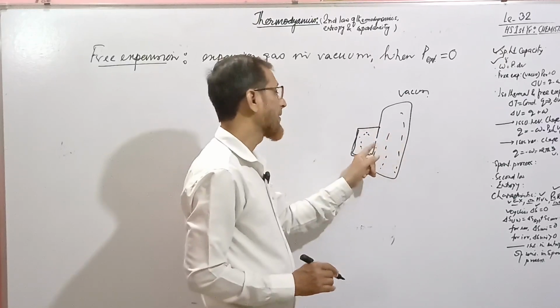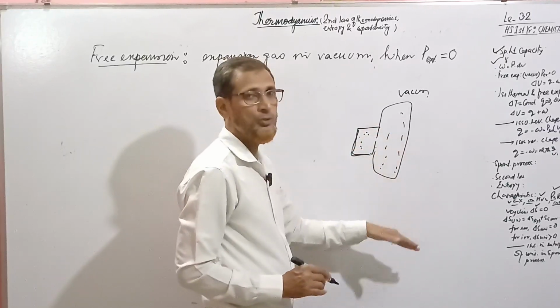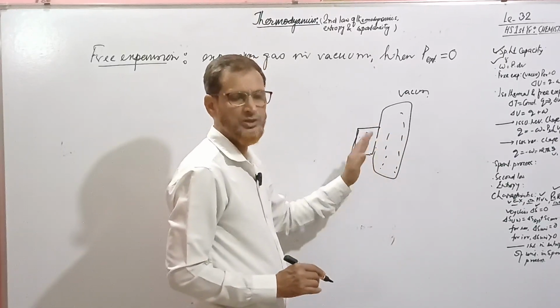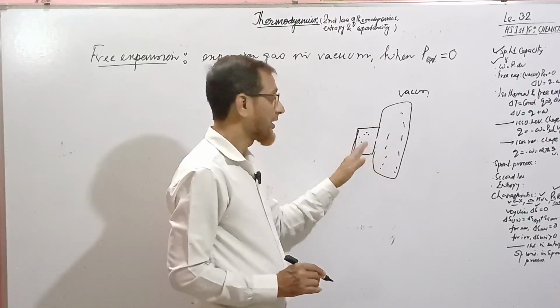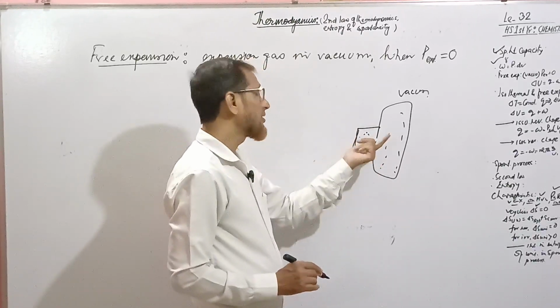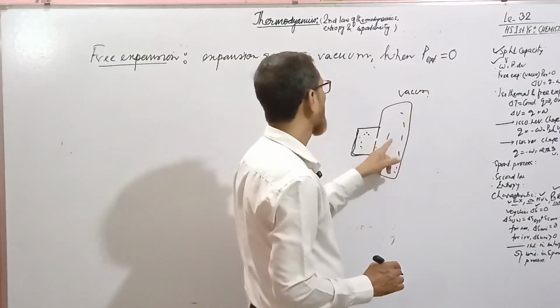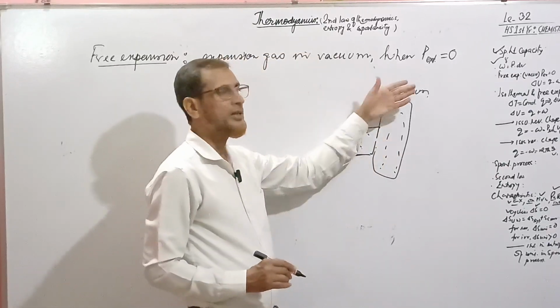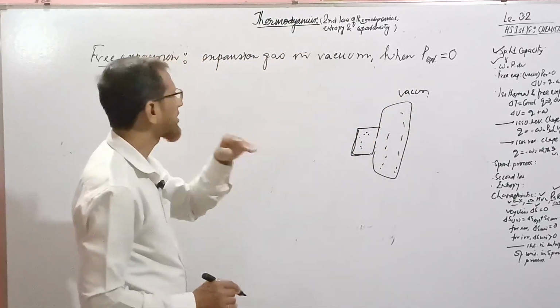Without any external pressure, the gas will pass; a bit later we will see it is a spontaneous process, where the process occurs without any work being done on the system. So since there is no external pressure, when gas passes from one chamber to another vacuum chamber, it is called free expansion.